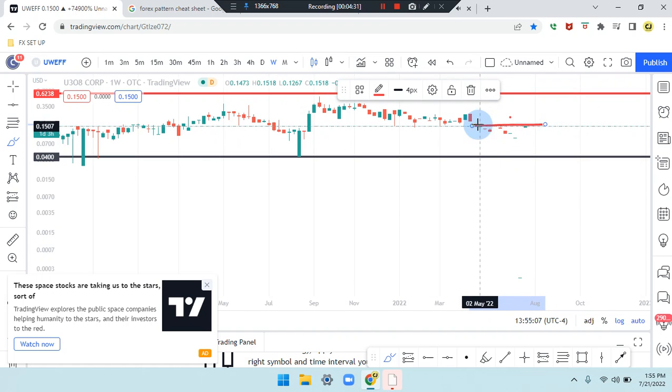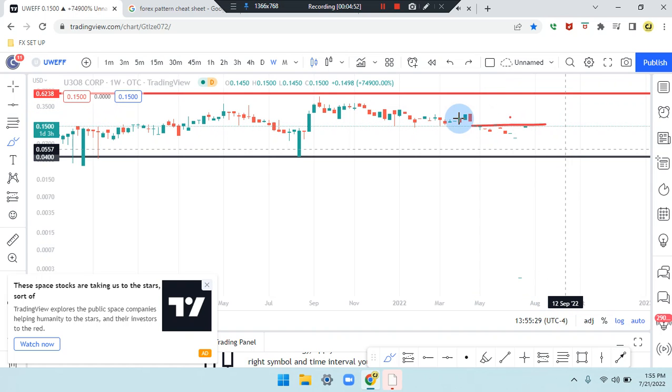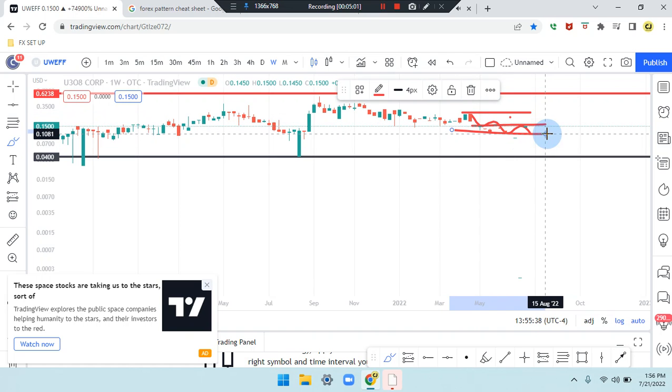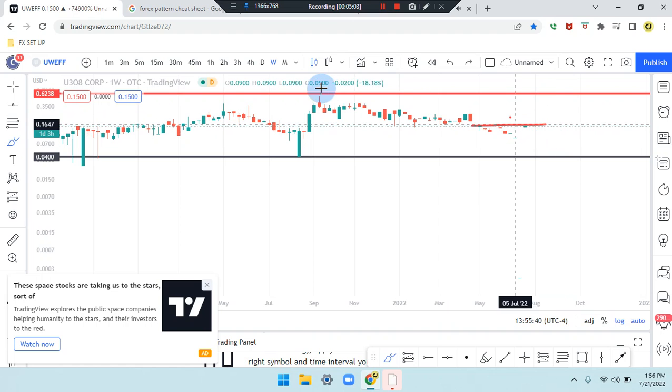If we connect the dots, we do have that first leg, second leg, third leg, and then price stopped at the midpoint. We don't know if the market is going to break up, retest, and work its way up further, or break down, retest, and work its way down further. But we do know that price is consolidating sideways at a decline level, and is also inside of a range. So we're still waiting for the overall breakout.